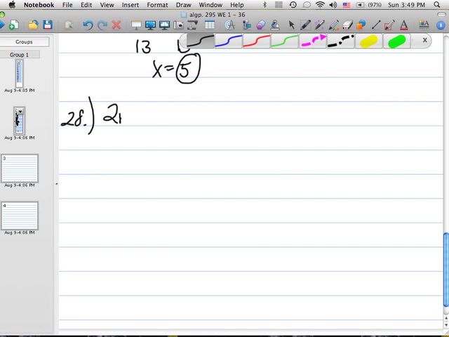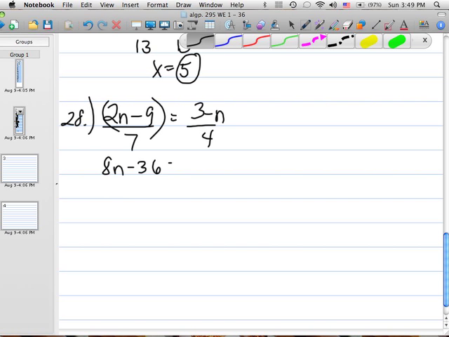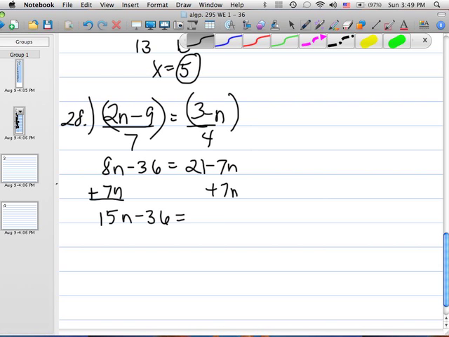You have 2n minus 9 over 7 equals 3 minus n over 4. Cross products, 4 times 2n minus 9 is 8n minus 36. And 7 times 3 minus n is 21 minus 7n. I'm going to add 7n to both sides to get the n's on one side. That's 15n minus 36 equals 21.